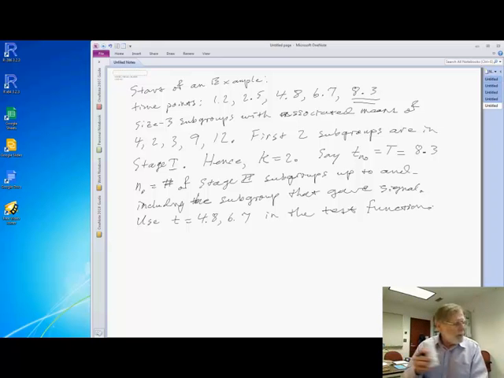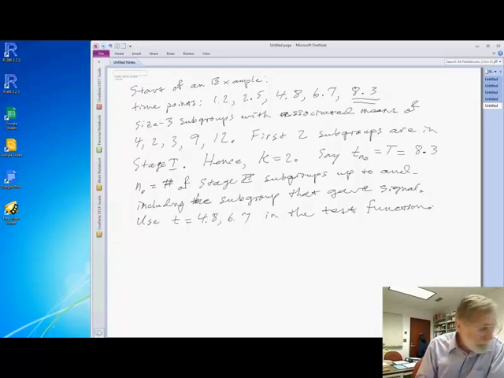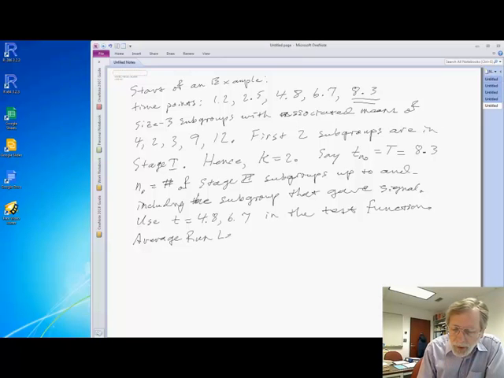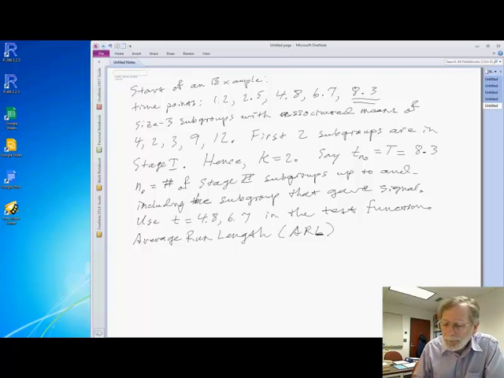Okay, so cleaning up a few things here. The next thing that needs to be mentioned is the all-important average run length, ARL. So anybody who knows anything about control charts is going to toss around the acronym ARL and assume that you know what they're talking about.